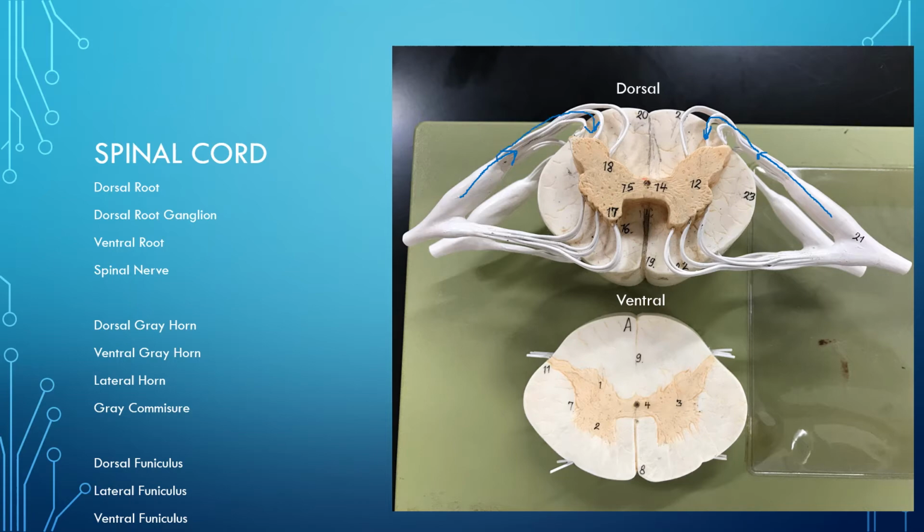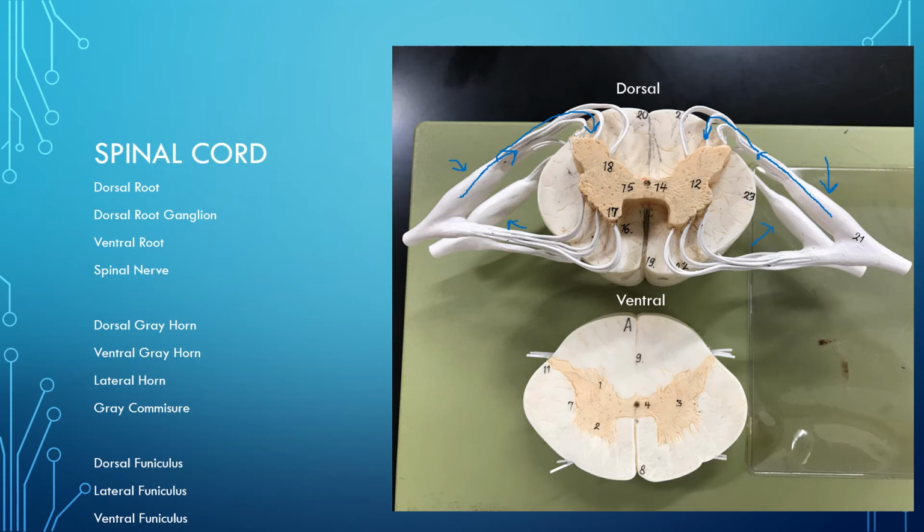Okay. A collection of cell bodies for these sensory neurons are located here. Can you see the bulges? These are called the dorsal root ganglia. Each one is a ganglion.